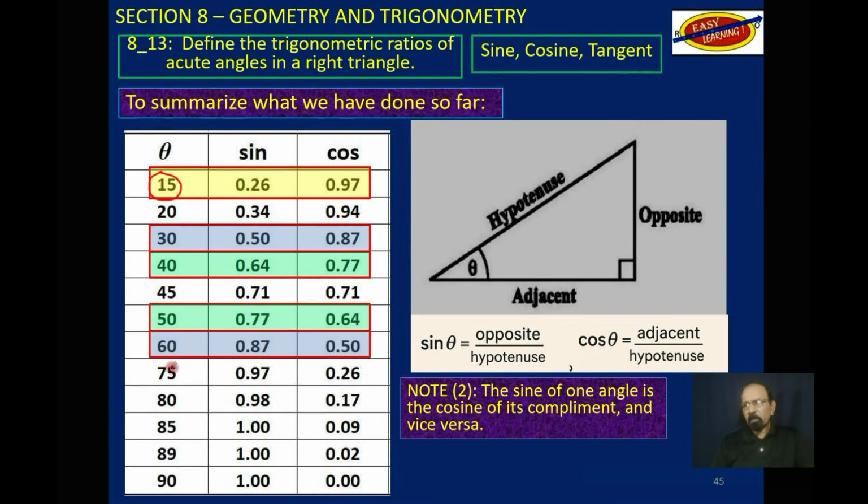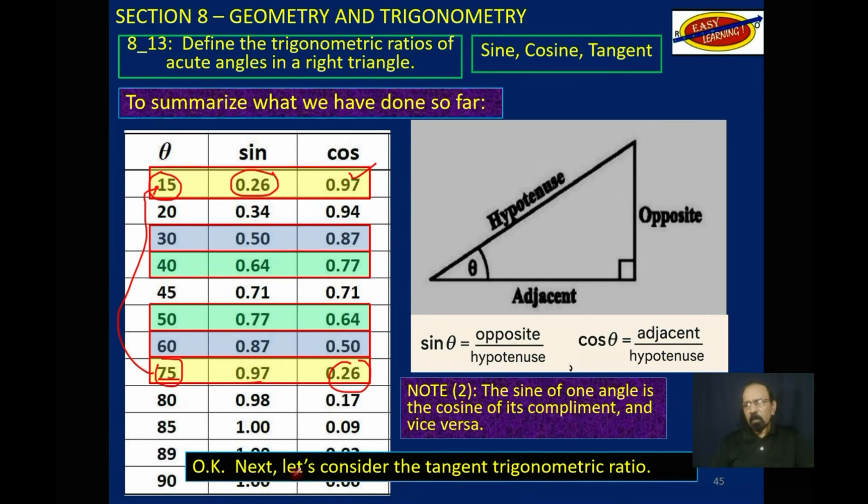The complement of that is 75. Those two will add up to give you 90. The sine of 15 is 0.26, whereas the cosine of 75 is 0.26. And the cosine of 15 is 0.97, whereas the sine of 75 is 0.97.